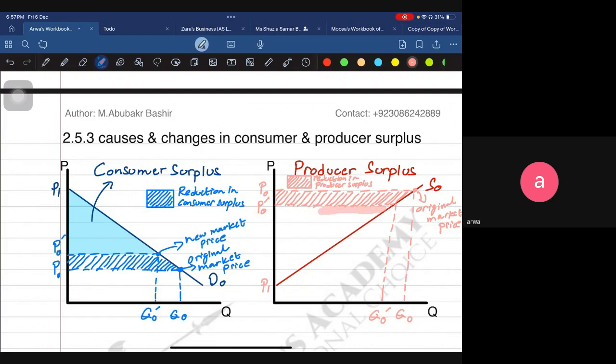And on the other side, this area that I have is the producer surplus. This is the reduced producer surplus. So now, if there wasn't a decrease in the price, producer surplus would have been obviously more.